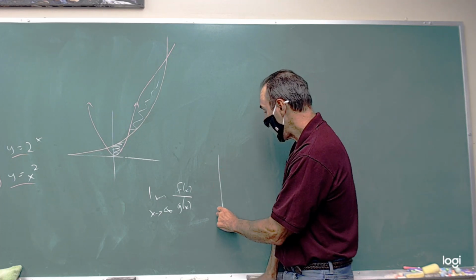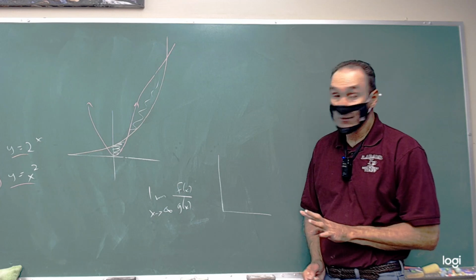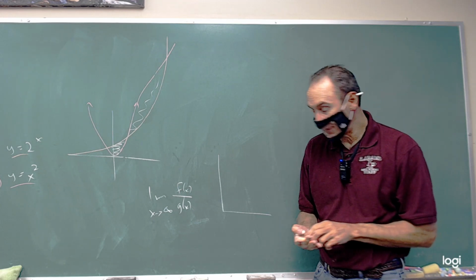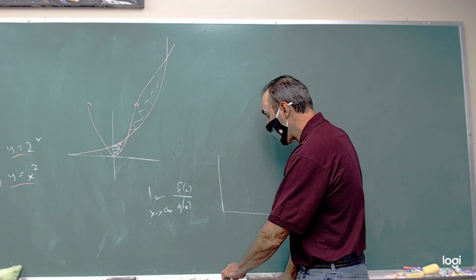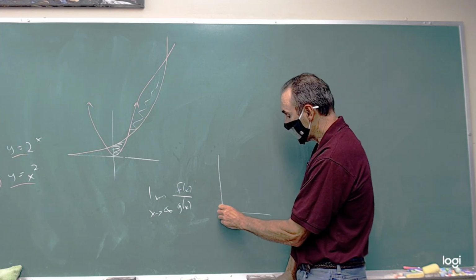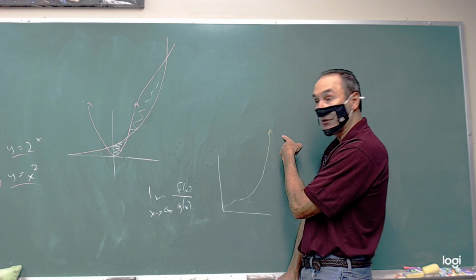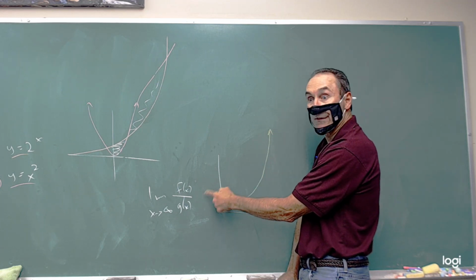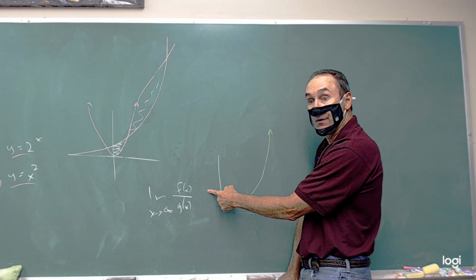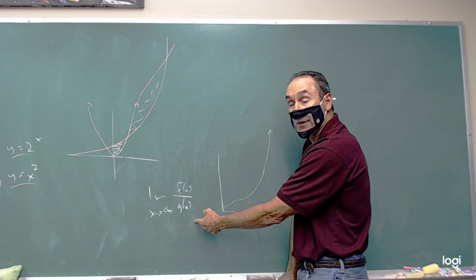What you're going to see on your calculator, and you may have to play with the window sometimes because some of these are not obvious, is that it does something, whatever it does in here, and then it blows up. If it blows up, which one's getting bigger faster? The numerator function or the denominator function?